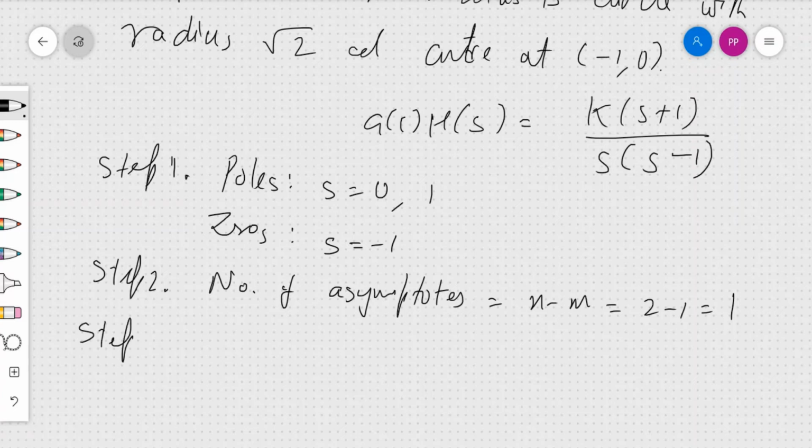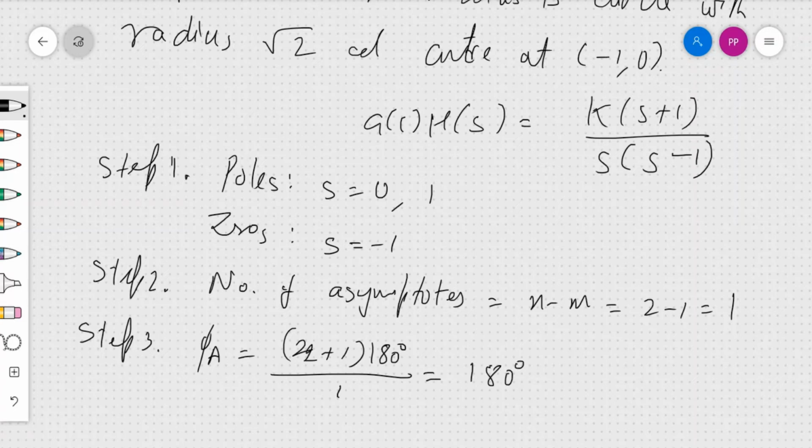The third step is to find the asymptotes, so its centroid and the angle of the asymptote. Let phi a be the angle of asymptote, which is (2q plus 1) into 180 degrees divided by n minus m, which is 1. So we have only one value, for q equal to 0, that is 180 degrees.